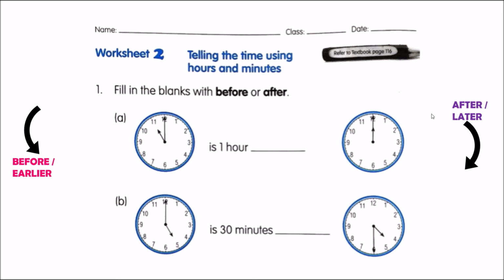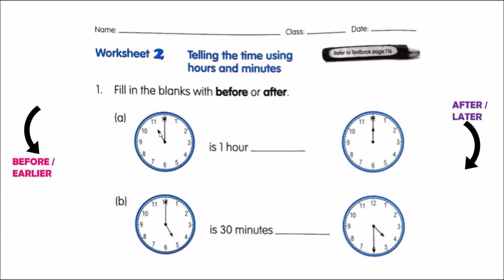So you can try to do your worksheets. For example, A. It's now 11 o'clock. Is 11 o'clock 1 hour before 12 o'clock? Or is it 1 hour after 12 o'clock?